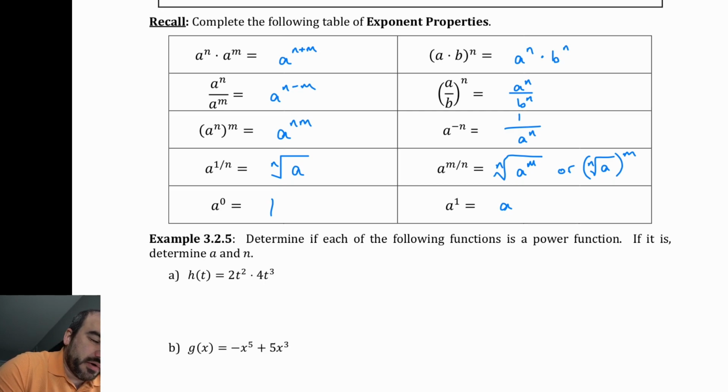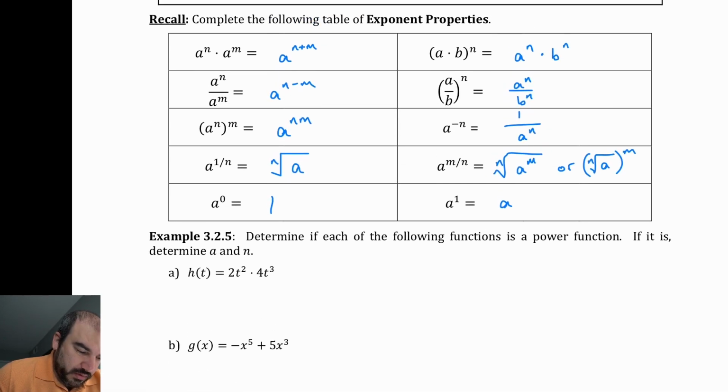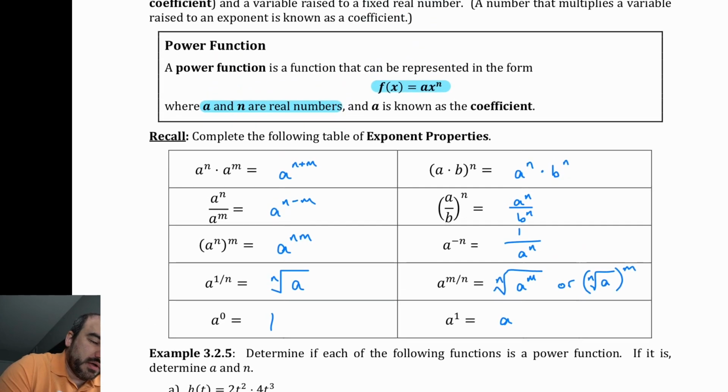These properties are going to be useful when we're simplifying power functions in order to write functions in this form. Seeing whether or not a and n are real numbers, and if it is a single term, then it is a power function.